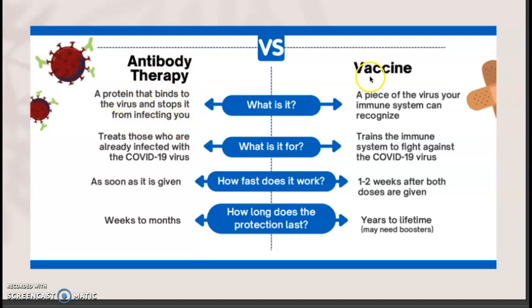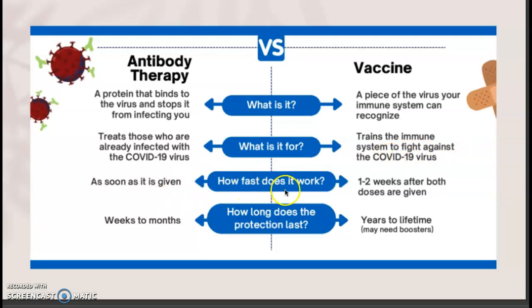On the other hand, in a vaccine like Covaxin, Covishield, Pfizer, etc., a piece of the virus is injected into our immune system, and the immune system can recognize that. Then what is it for? Antibody therapy is used for treatment of those who are already infected with COVID-19. But a vaccine trains the immune system of the human body to fight against COVID-19.